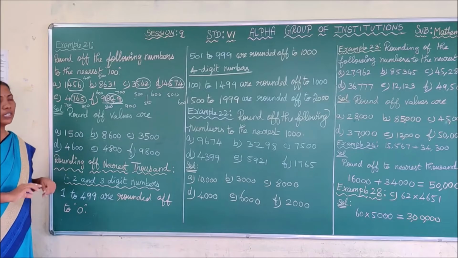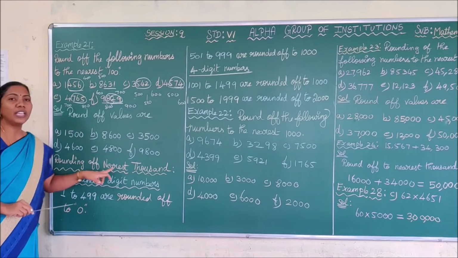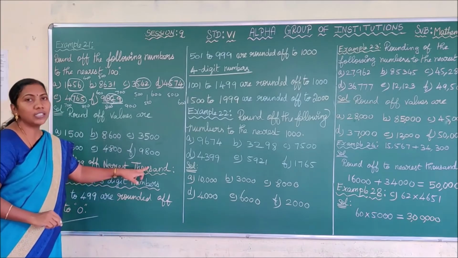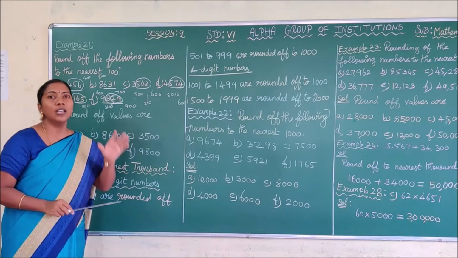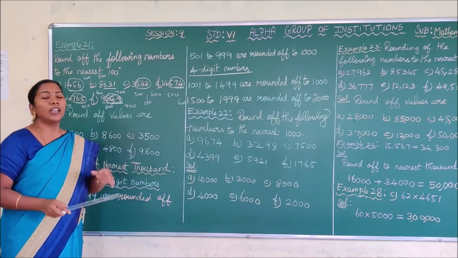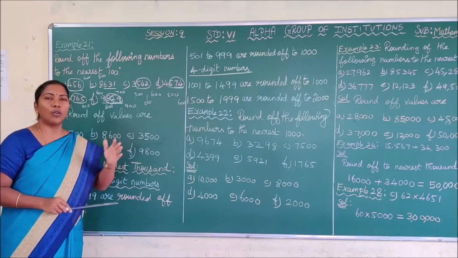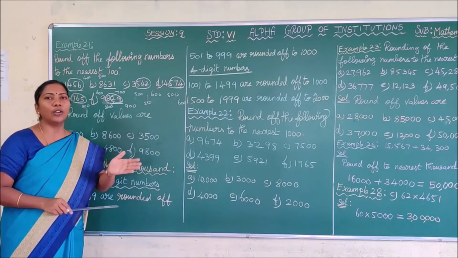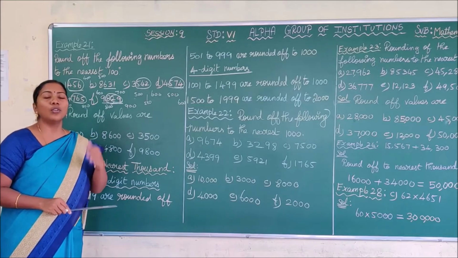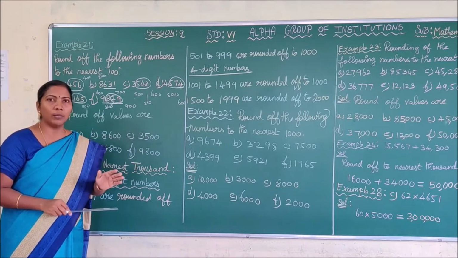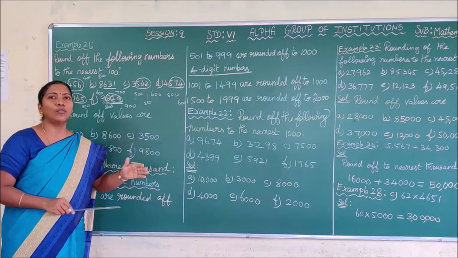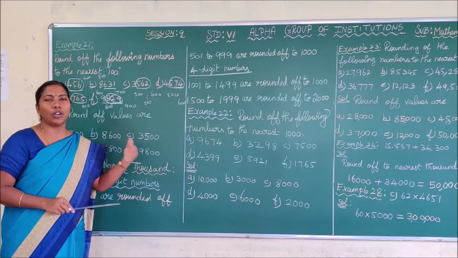Next we are going to see rounding off to the nearest 1000. Nearest 1000 means you have to consider the 1000 numbers, as I said. In rounding off to 10 you have to consider 10 numbers. Before 5 you round off to 0, and from 5 you round off to 10. And rounding off to 100 means you have to consider the 100 numbers. Before 50, numbers are rounded off to that number, that is 10, 20, 30 like that.